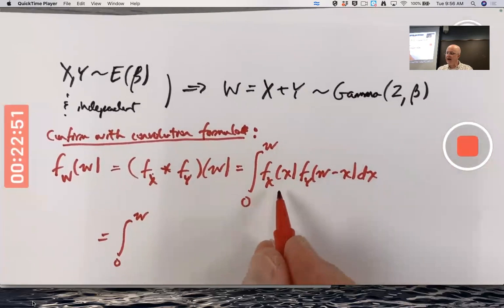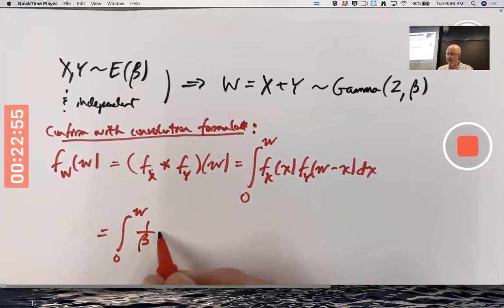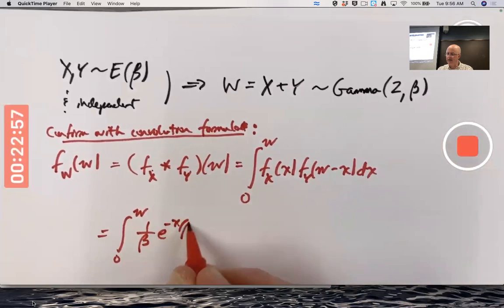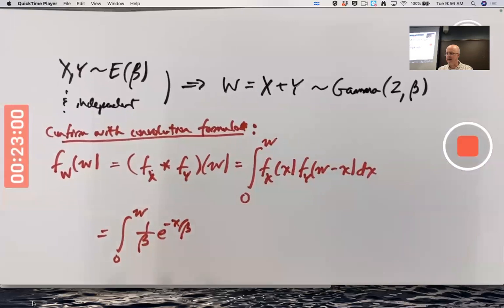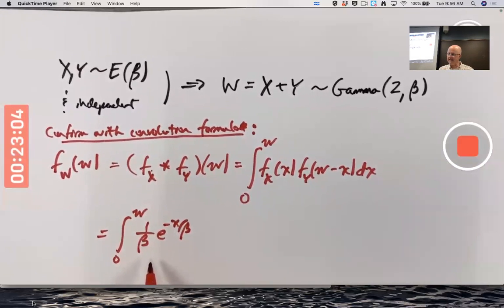What's the PDF of X? It would be 1 over beta e to the negative x over beta, right? That's an exponential PDF with parameter beta if I call the variable x. The PDF of Y, if the variable was called y, would be 1 over beta e to the negative y over beta. It's the same PDF, really, just a different variable name.